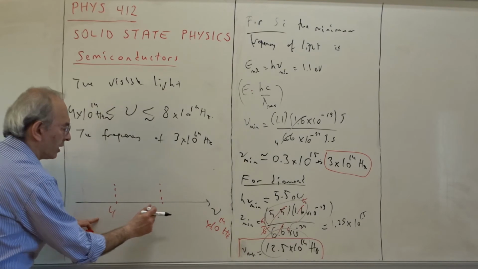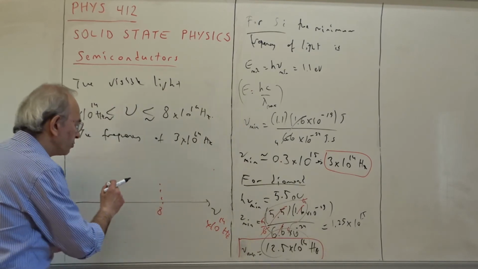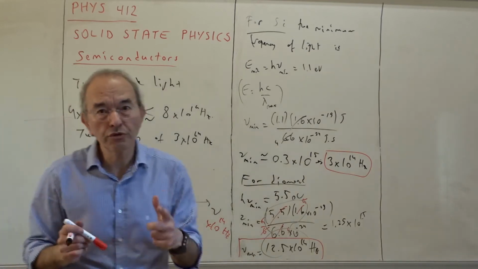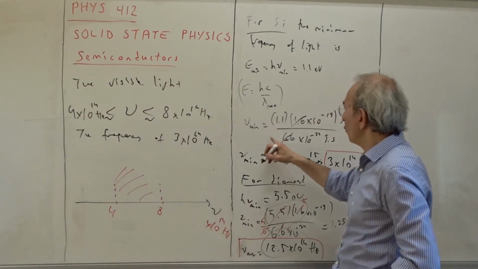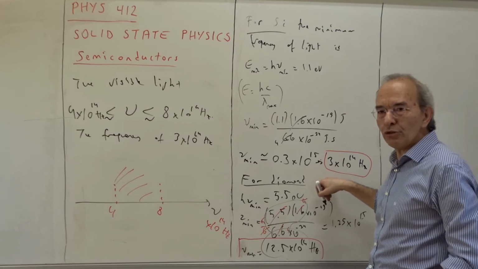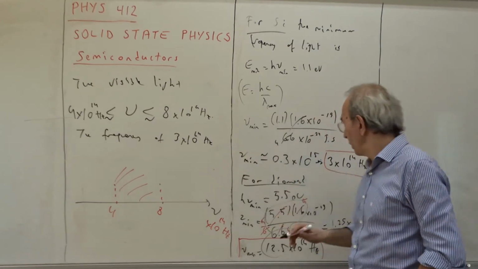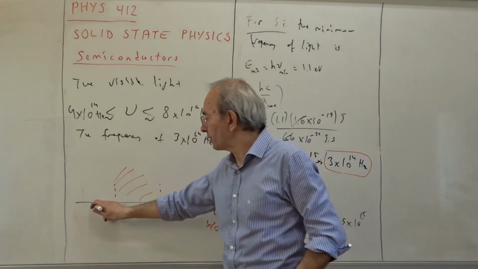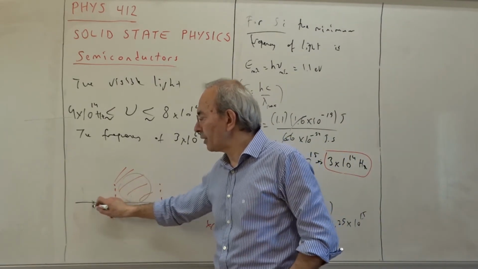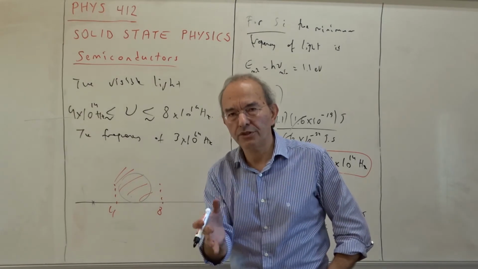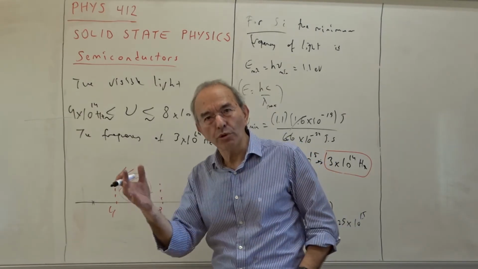So this part corresponds to the visible part. But for silicon, the minimum value should be this much to be absorbed. It is somewhere here. So these values are more than enough satisfactory values. Of course, they are absorbed.